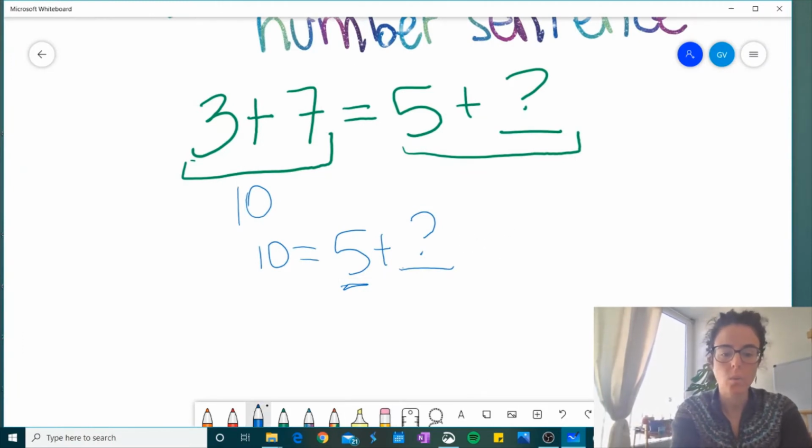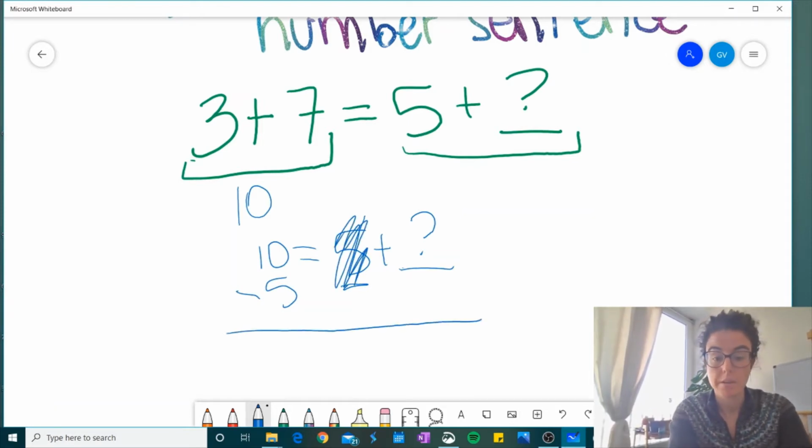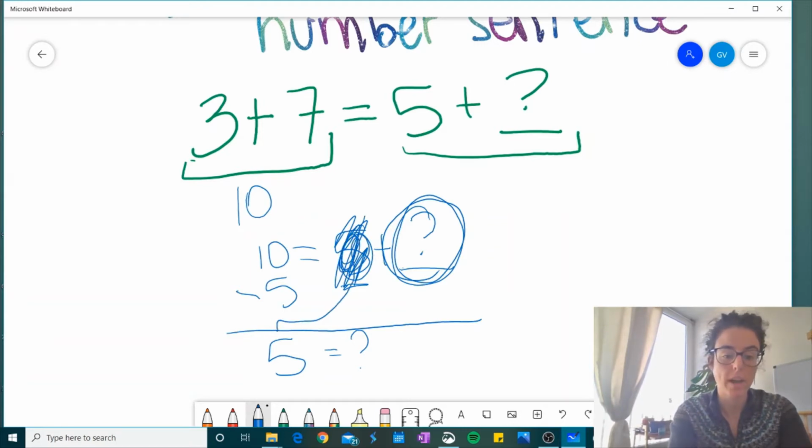We would take away 5 over here, say bye, and 10 minus 5 is 5, and that would mean that 5 is equal to this thing right here. Because we got rid of the 5 here, we're going to take it away from the 10, because we want to just have the question mark.